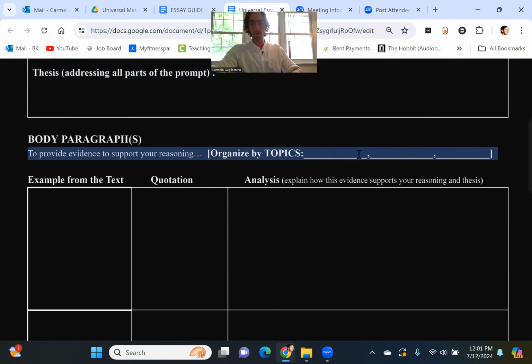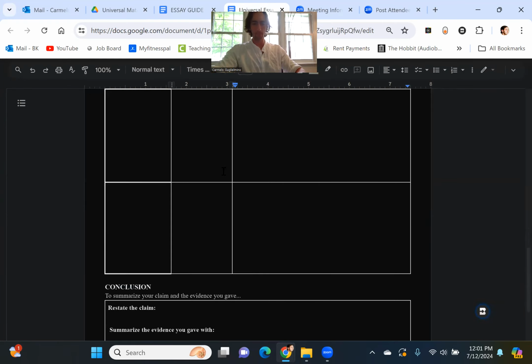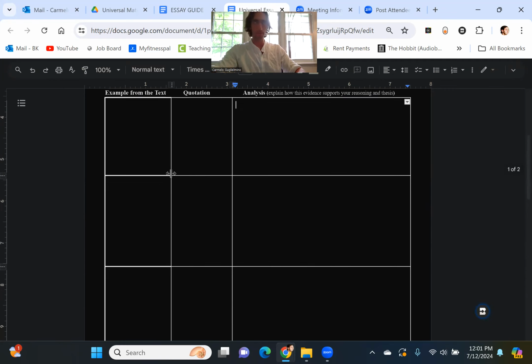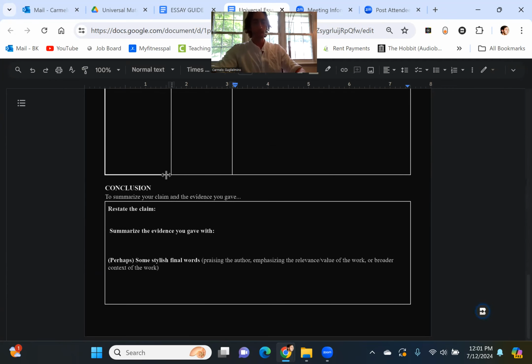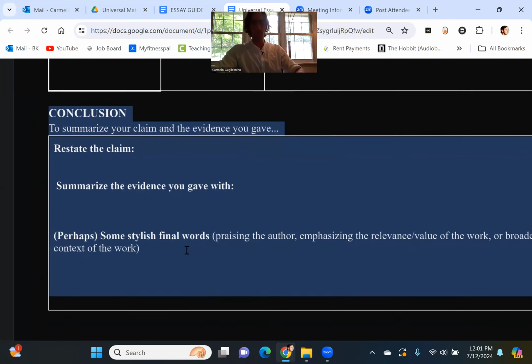We have maybe 3 or so organizational topics that we would organize them by. We have an example from the text that we're going to be talking about. We have a quotation that is relevant to that example. And we have a bigger chunk for what we would analyze, what we would say in there. And that goes on for however many examples you want to give. I give them like 6, for example. And then, of course, we have the same process in the conclusion as we just went over before.